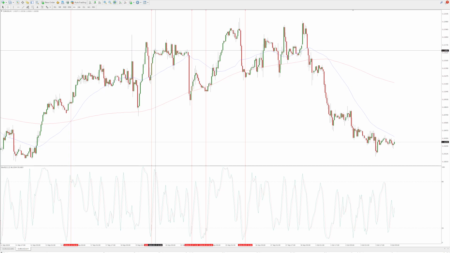But then there are times when that will give you a premature exit, such as this one here. If you see it crosses over, had you exited there, you would have missed a good run up there. However, there was another cross, albeit not oversold, in this pullback area here. So you could have got back in the trade.